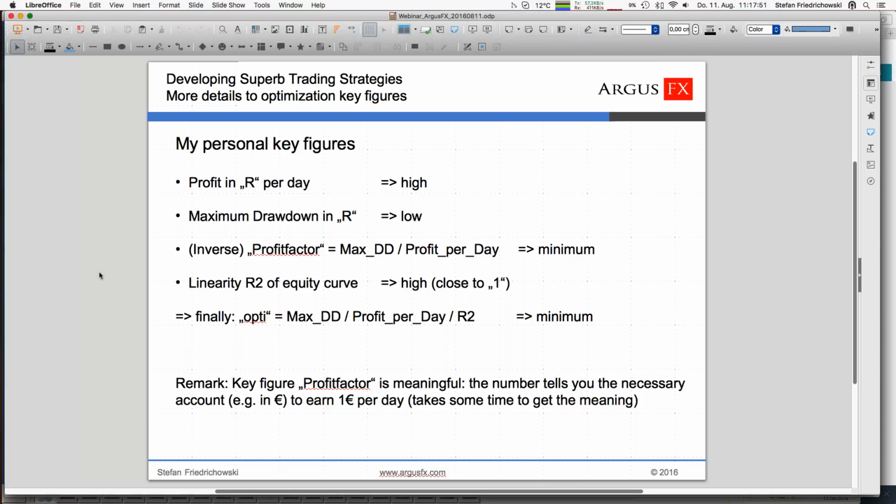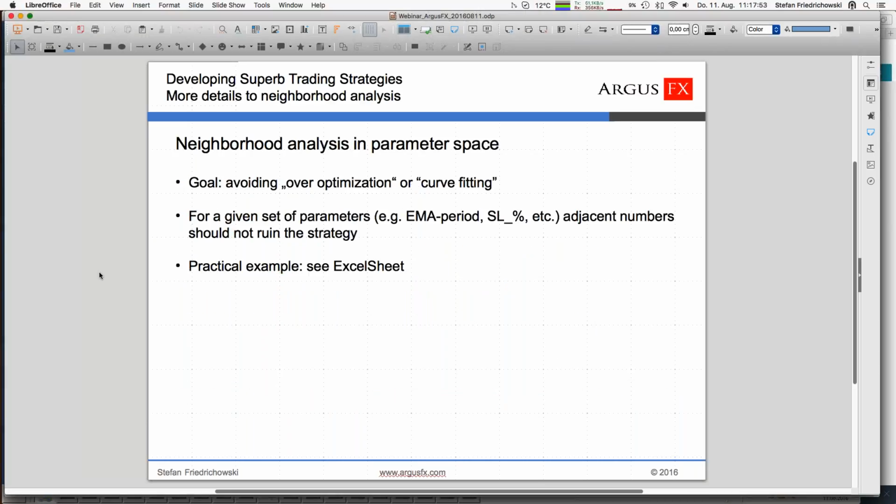And the other remark is concerning this so-called neighborhood analysis in the parameter space. I know that always sounds a little bit complicated, but there's no way to describe it other. Because just think about a strategy like our Dax strategy. We have, for example, 3 values we can change. We can change that EMA period.